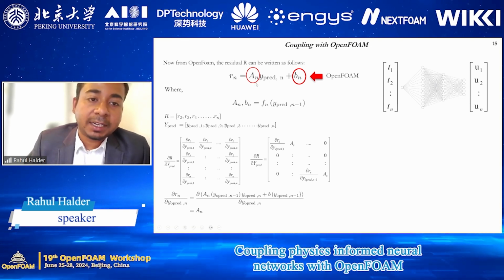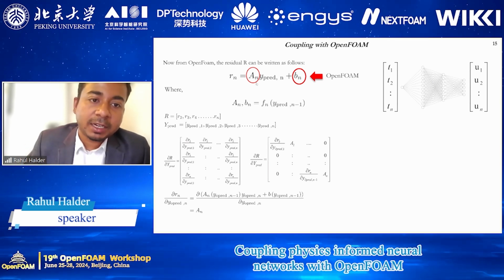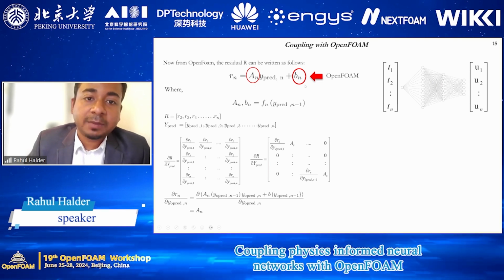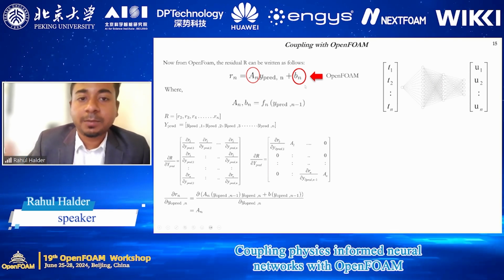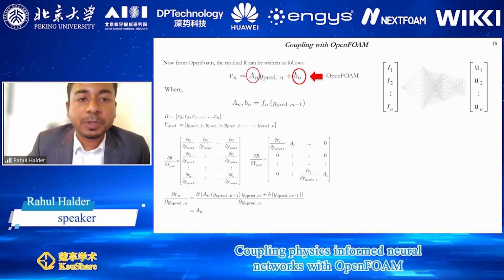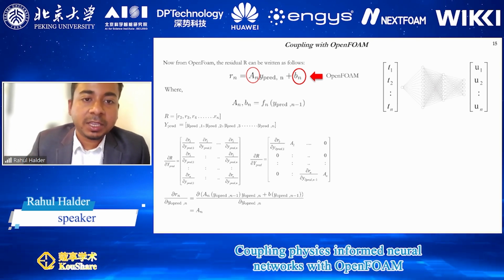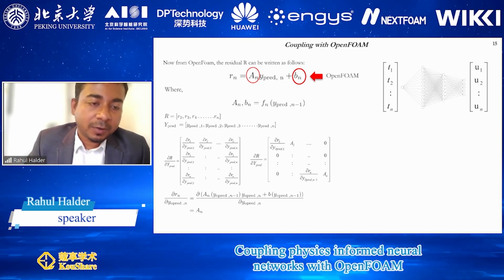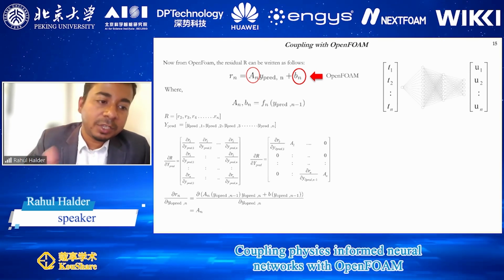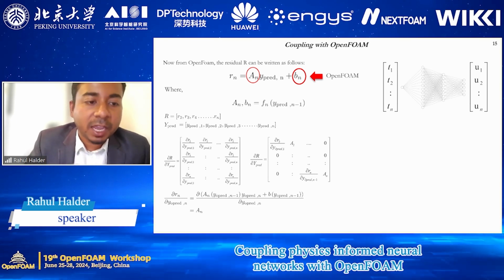You are borrowing this A and B from OpenFOAM, and you don't know those functional dependences, because A_n and B_n are also functions of the previous time step. Since it is coming from OpenFOAM, you cannot compute the derivatives of the loss term with respect to the hyperparameters using any kind of automatic differentiation. So you have to go for finite difference, and use the numerical algorithm flow I have told earlier.